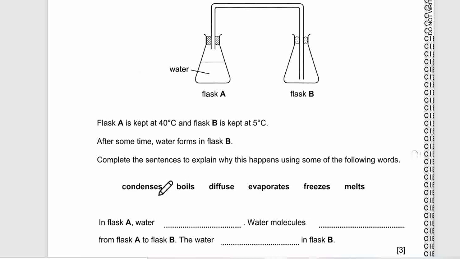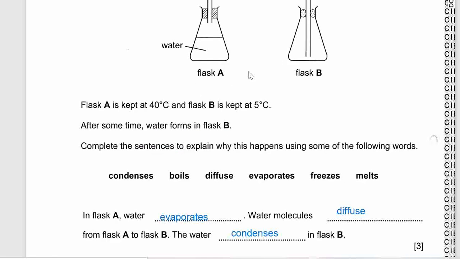It will be condenses. The water is formed in flask B after that. Alright, that will be our answer: evaporates, diffuse, and condenses. Now let's move to the next question.